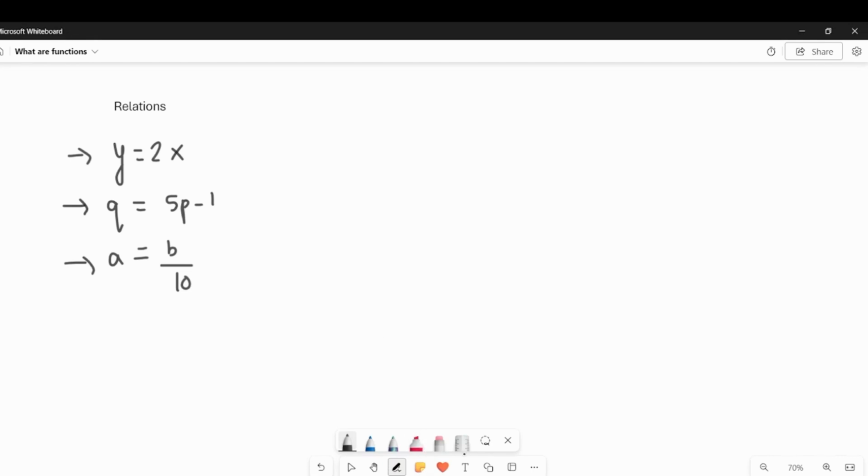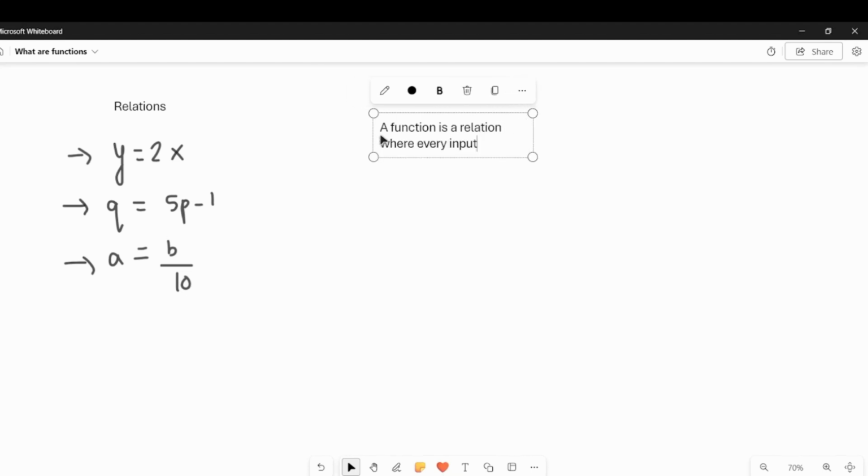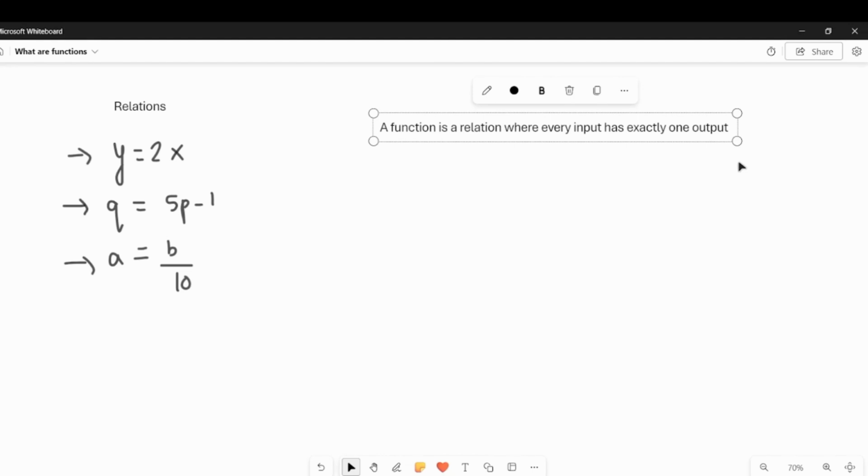Now we will do functions. Before telling you what exactly functions are, I will write the definition here. A function is a relation where every input has exactly one output.